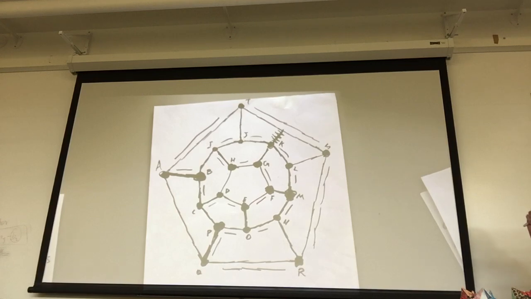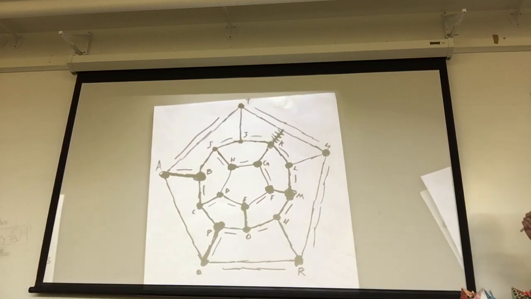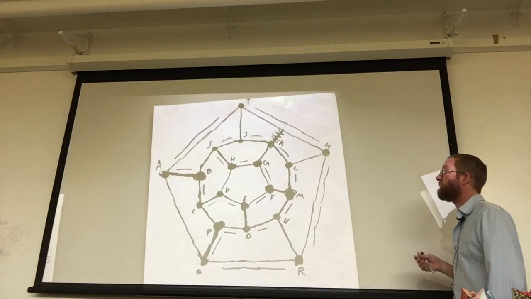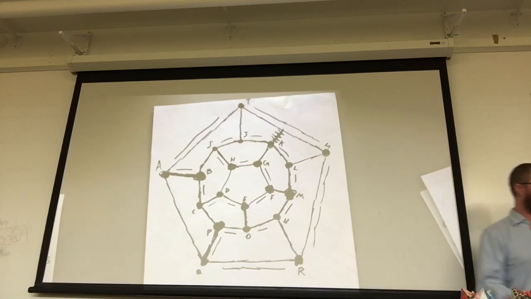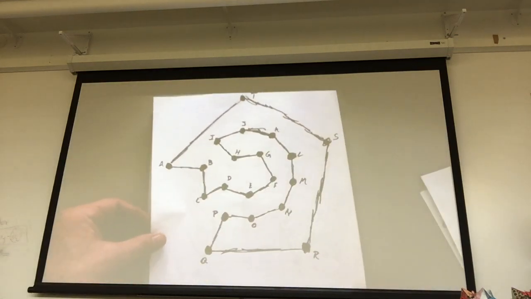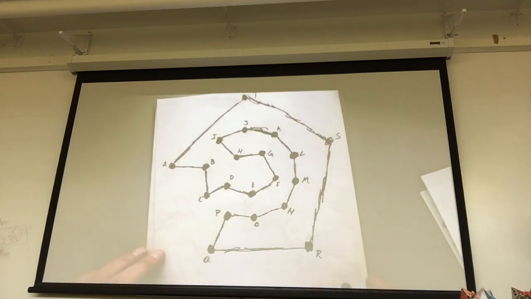No repeated edges, no repeated vertices, and I have to hit every vertex. It doesn't mean I have to hit every edge necessarily. Okay. Well, is it possible to do this? If I just put it right on top? Yep, it's totally possible.